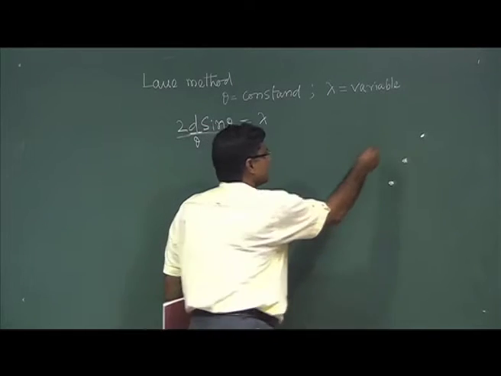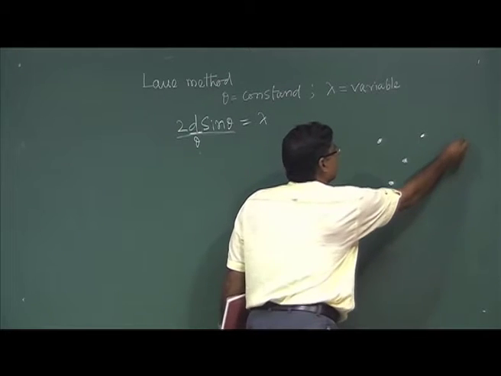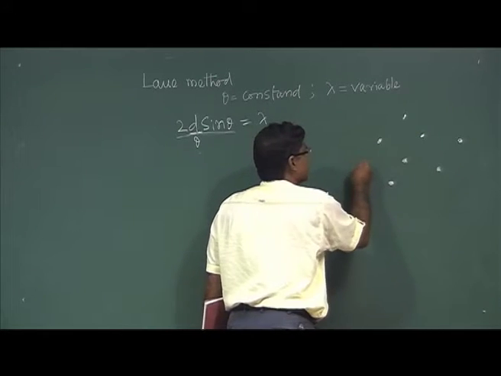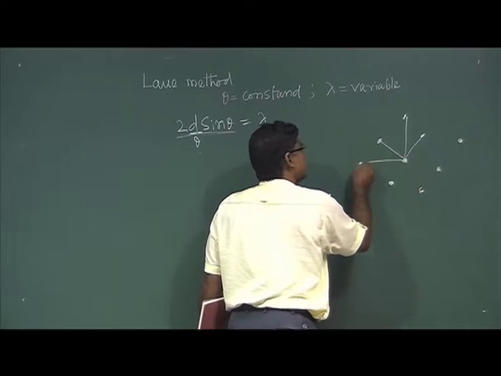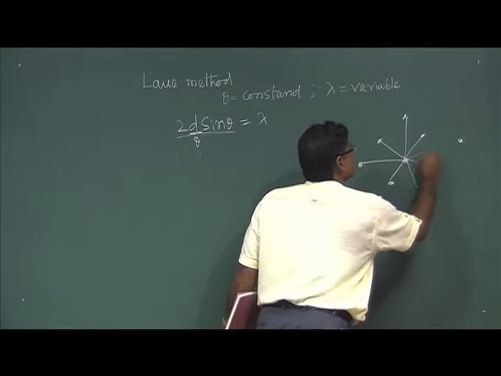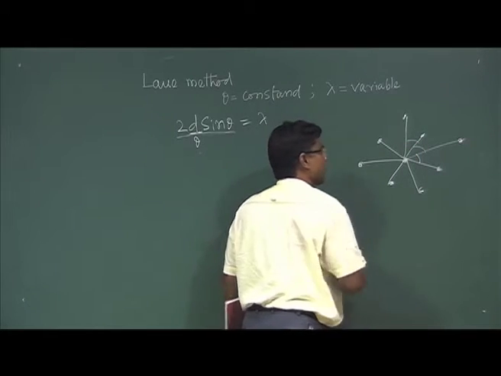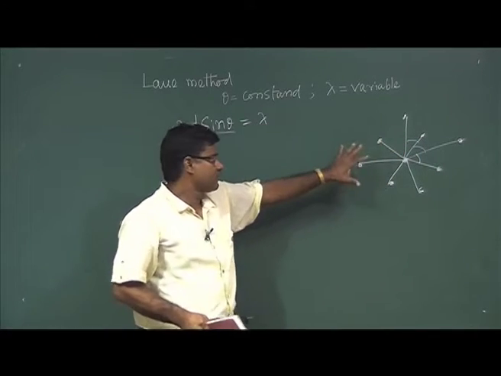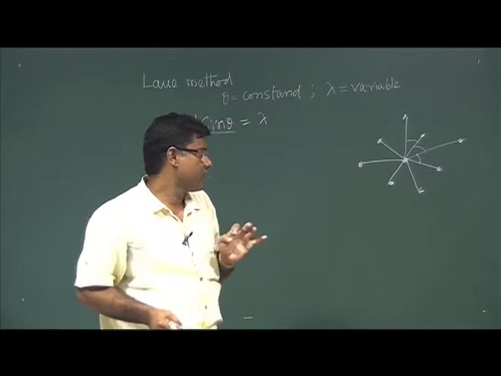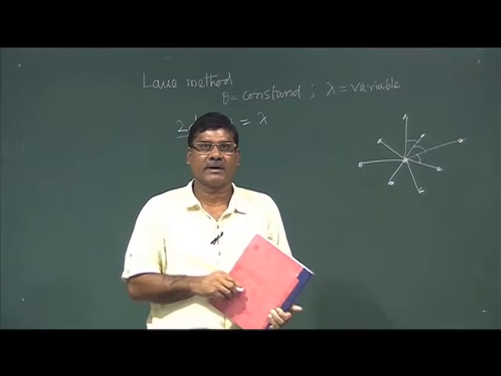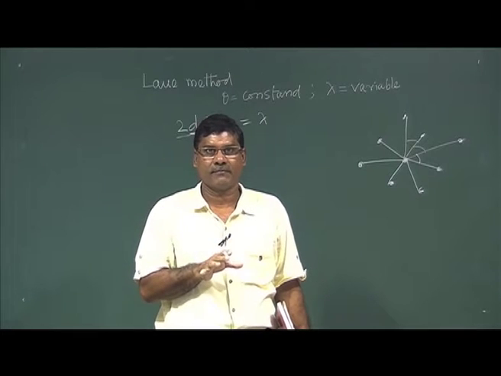In whichever place you get the spot, that is exactly the orientation of those planes. From the Laue method, the Laue spots we are getting together will show some symmetry.